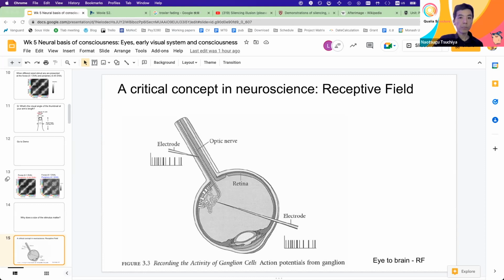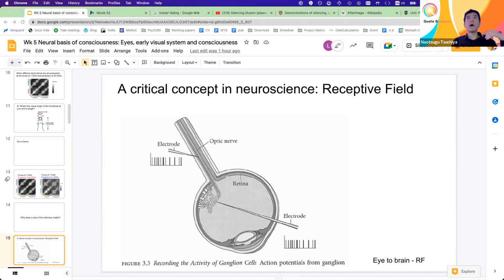So here, I was trying to explain the concept of the receptive field, and the first part of the brain that encounters this concept is already at the level of the retina.